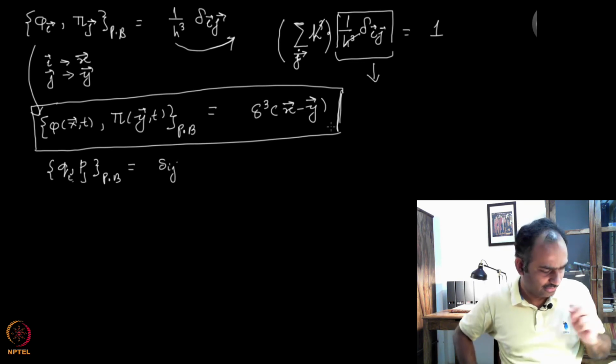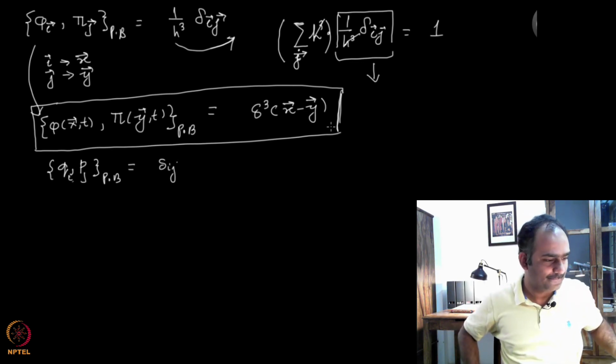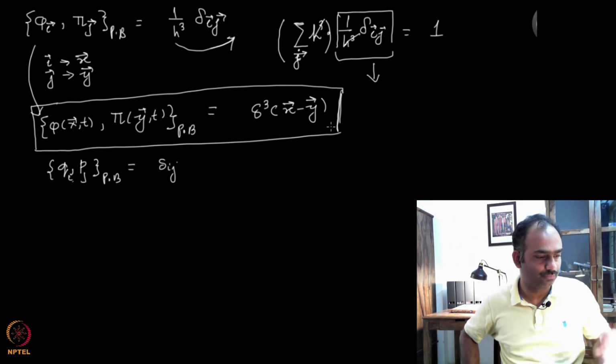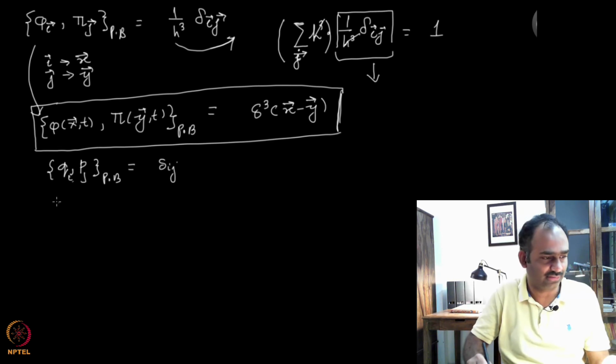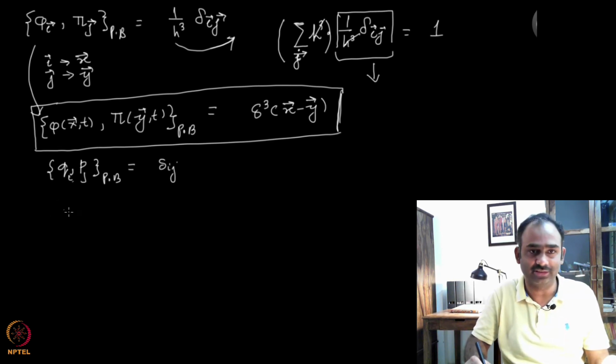Okay, that's good. Let's see what else I want to say. I will give you a rather trivial exercise. Actually there is nothing to be done. So let me just list down here. I have found this Poisson bracket, and obviously you have the following also.